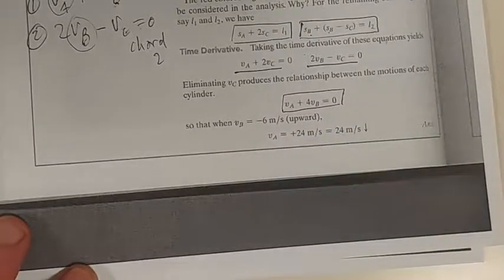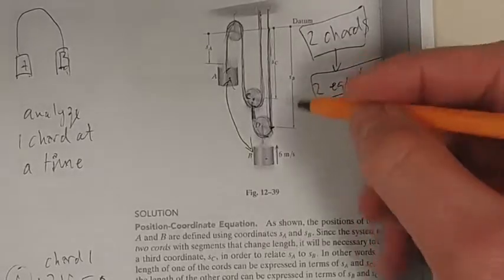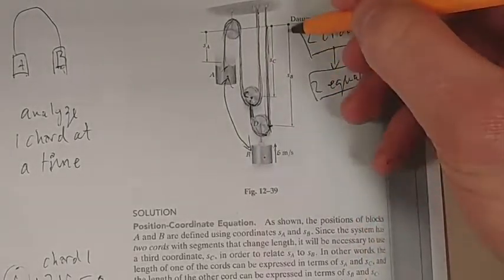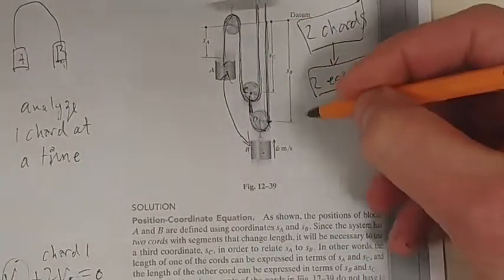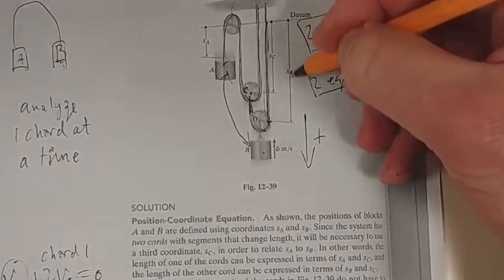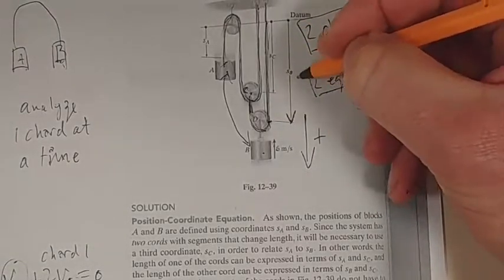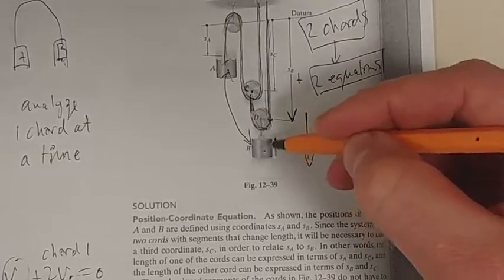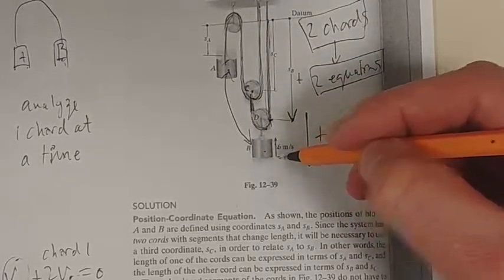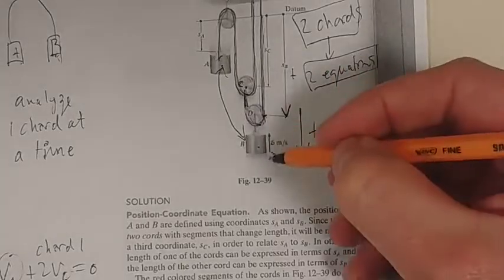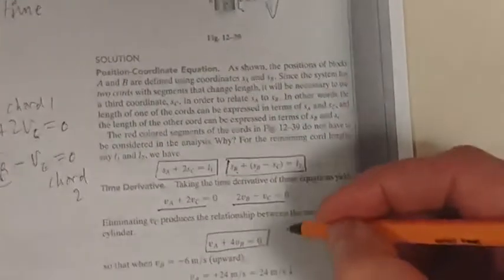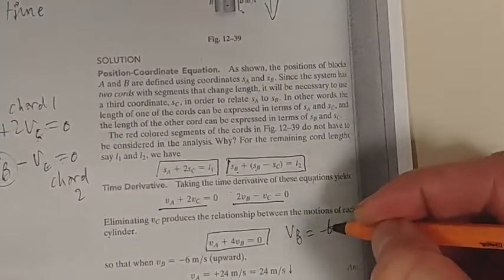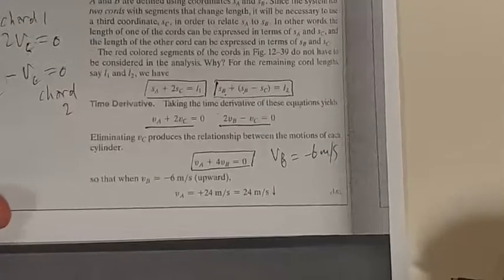Just quickly, for 6 meters up, we've said the motion is positive down because SB is positive down. So this block is going up with 6, which means the velocity of B is minus 6. That was given.